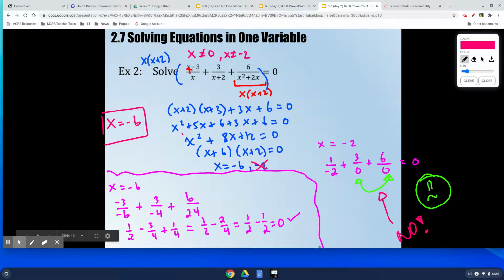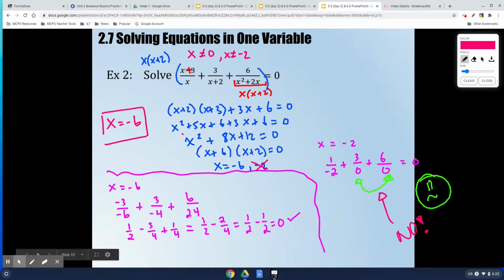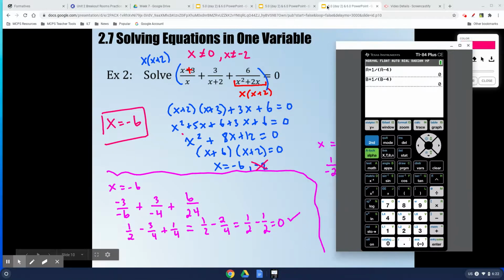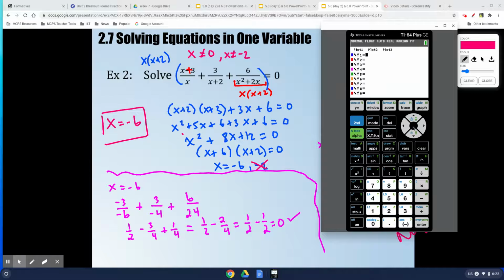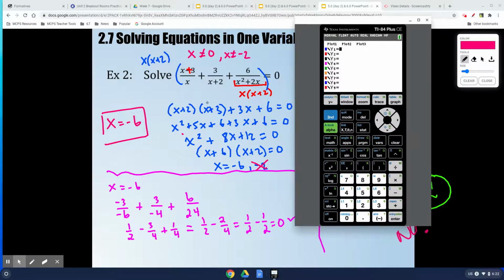Having some technical difficulties. Can I get it back? Yes, I can. This is what I'm going to do. I'm going to actually put each one in here instead of trying to group everything. So I'm going to do x plus 3 over x, 3 over x plus 2, and then 6 over x squared plus 2x.